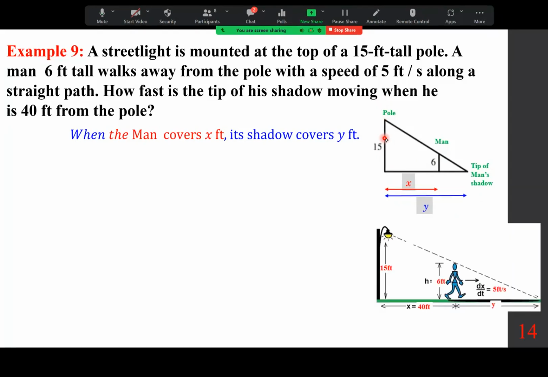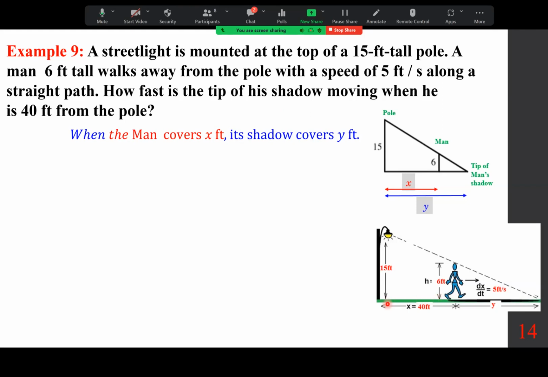Here's another way of putting it. 15 feet pole, 6 feet, that's the height. And the man is moving at dx dt or 5 feet per second. How fast is the tip of his shadow moving when he is 40 feet from the pole?